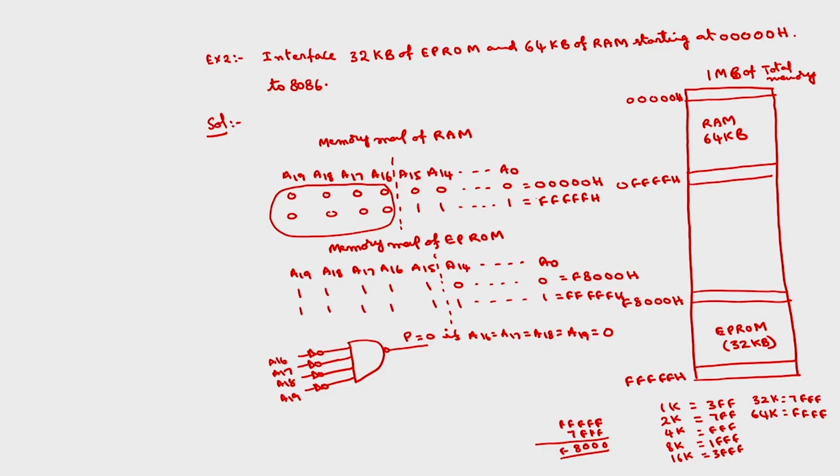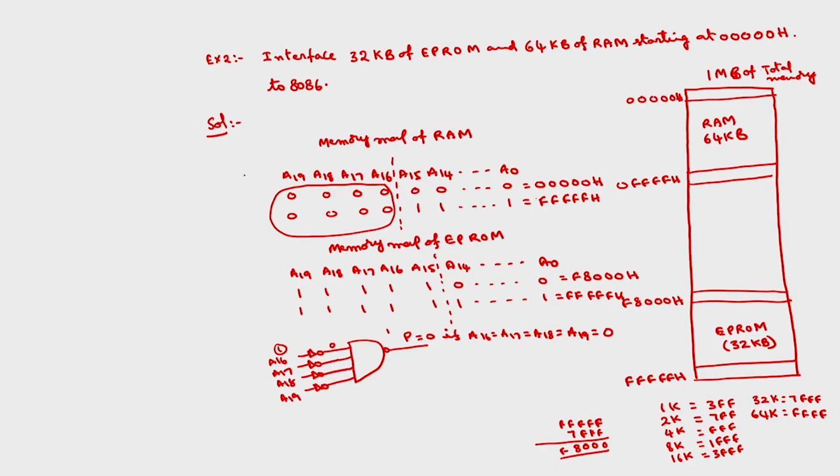Because if any one of these is, say A16 is equal to 1, for example, the NOT gate output will be 0. If one input is 0 for the NAND gate, output will be 1 regardless of the other inputs. So P is equal to 0 only if A16 to A19 are zeros.